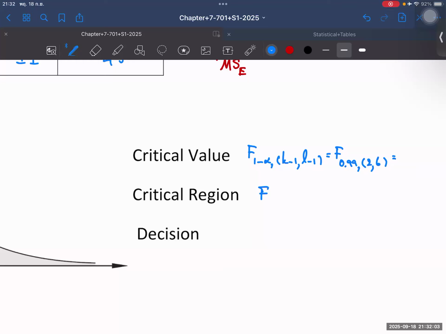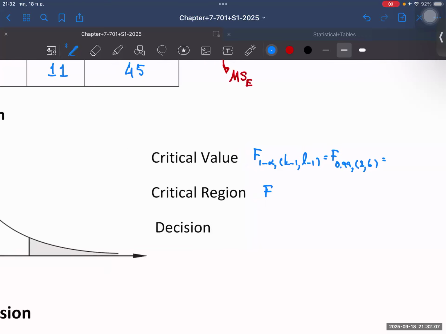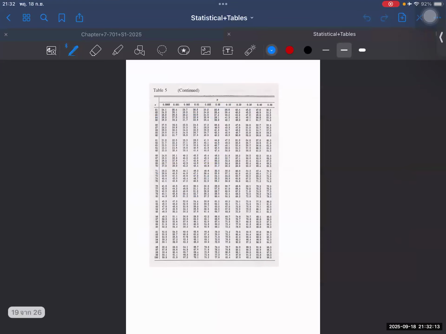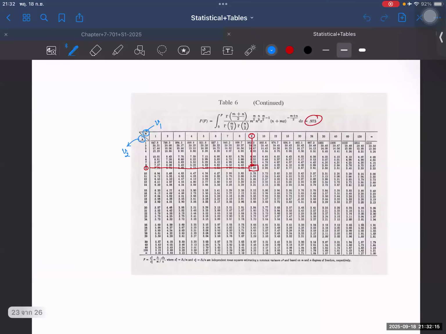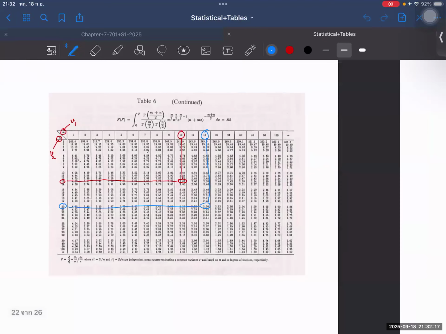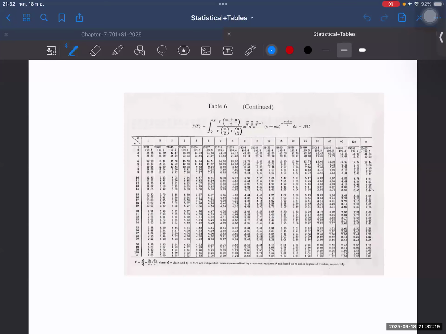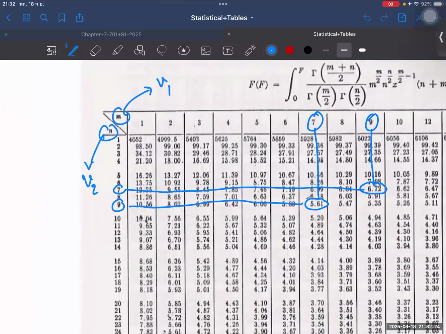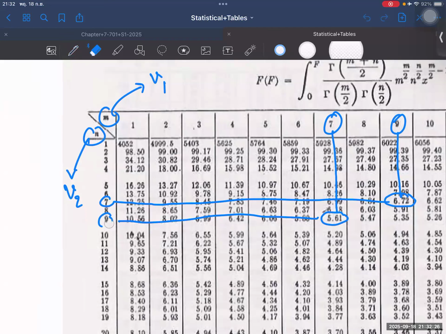Okay, so we go to the statistical table about the F. We go to see the F with the probability of 0.99, and the degrees of freedom are 2 and 6. 2 is here and 6 is here.